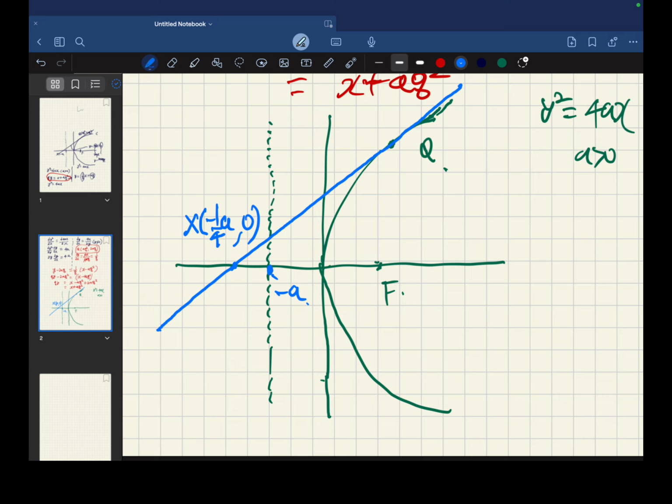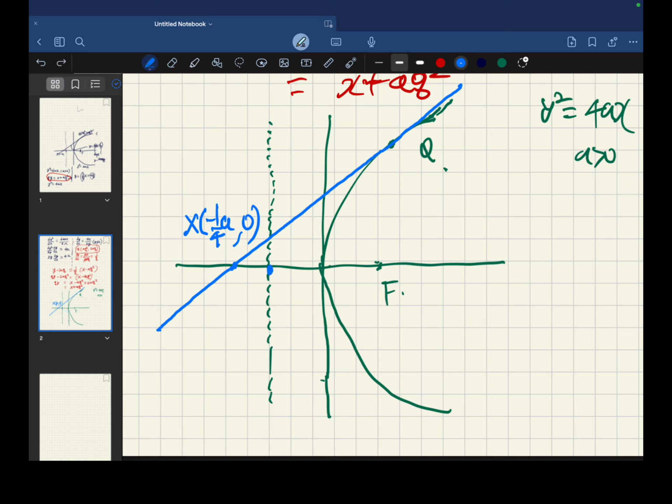So we have to redraw the diagram to meet the condition. How do we draw this to meet the condition of the problem?